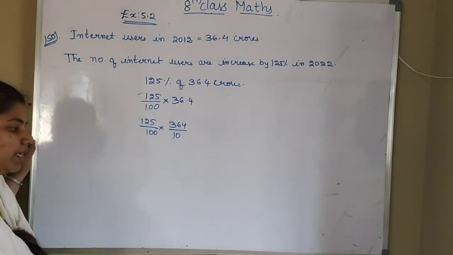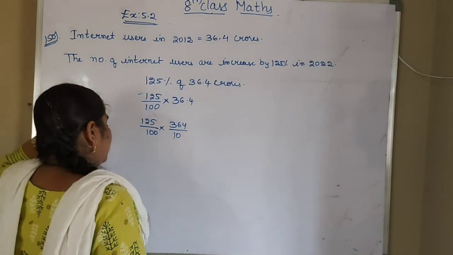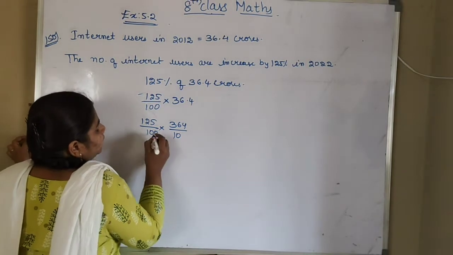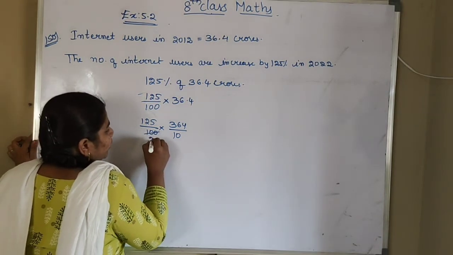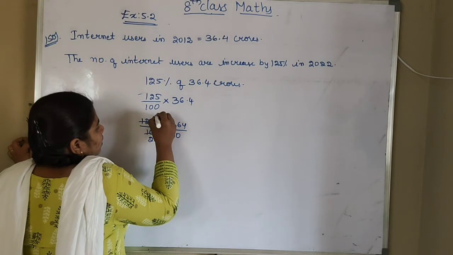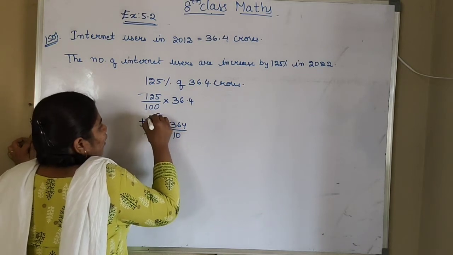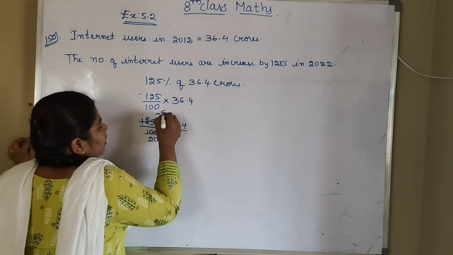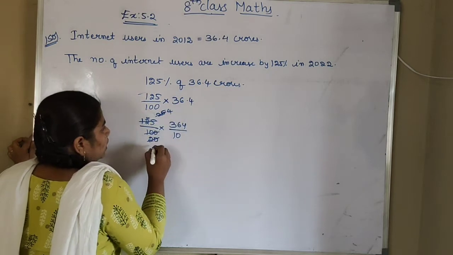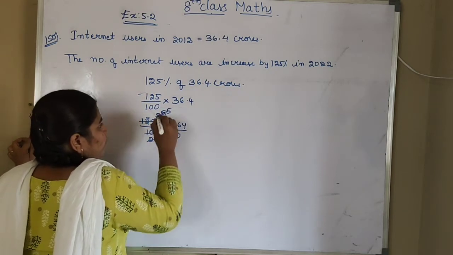Okay, now you can cancel. So cancel it now. I am cancelling in the 5 table. 5 20s are 100, 5 25s are 125. 5 4s are 20, 5 5s are 25.